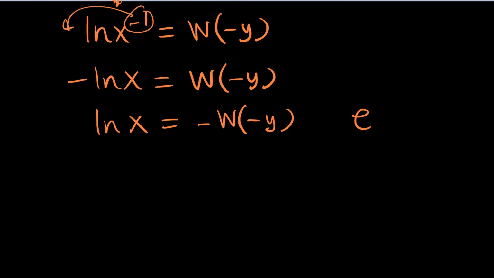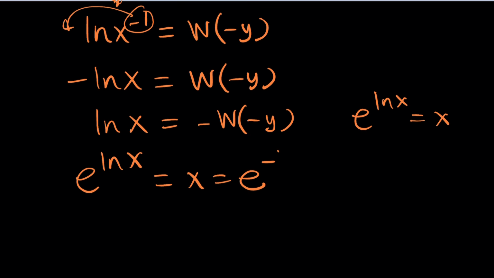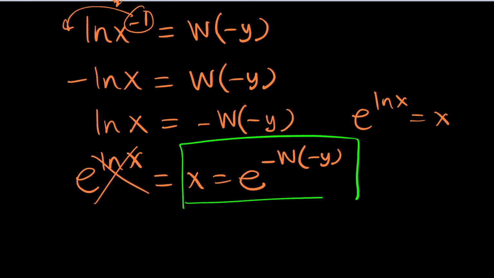Remember, e to the power ln x is equal to x. So let's go ahead and do e to the power both sides. e to the power ln x equals x, which is e to the power negative W of negative y. You can totally forget about this and just focus on this. And remember, our goal was to solve for x, and we did. And guess what?